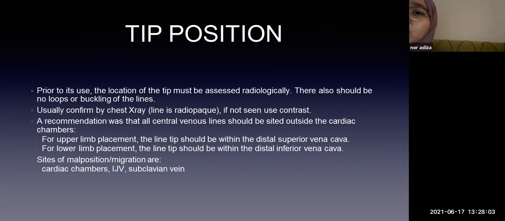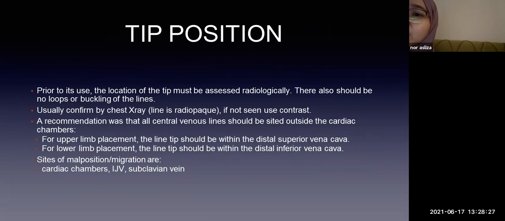Okay, the tip position. Prior to its use, the location of the tip must be assessed radiologically, and it is usually confirmed by chest X-ray in order to avoid buckling of the line. A recommendation is that all central venous lines should be sited outside the cardiac chamber.